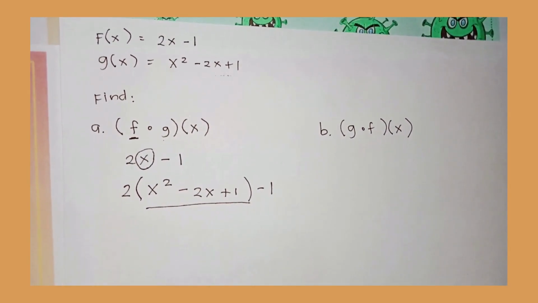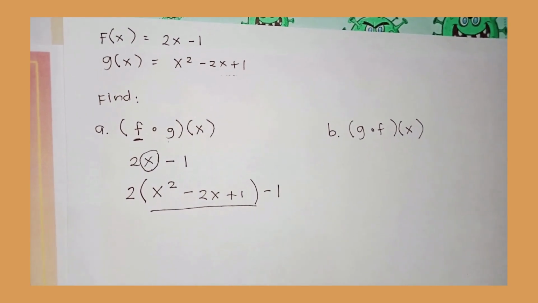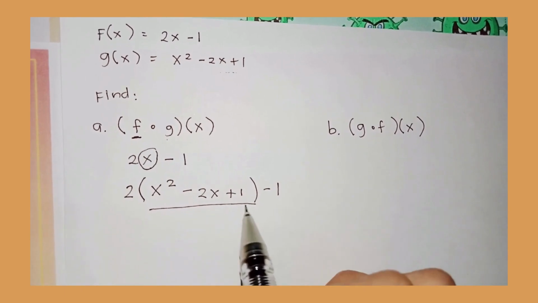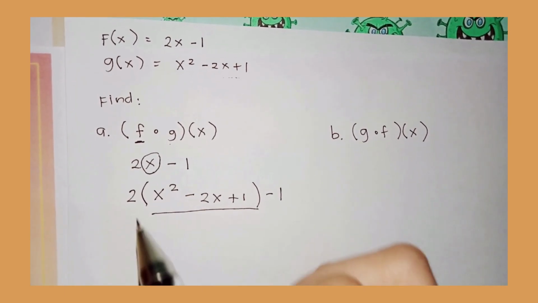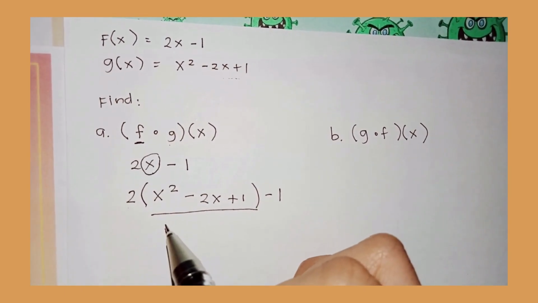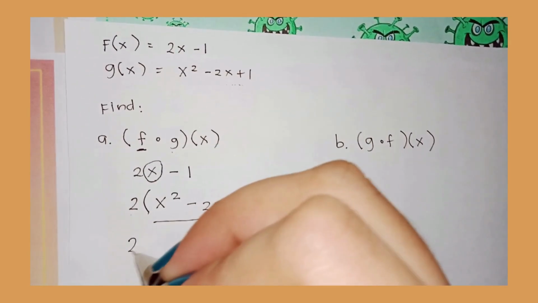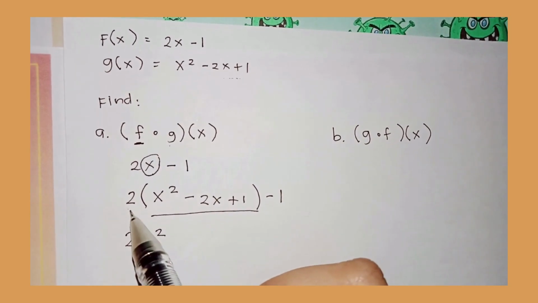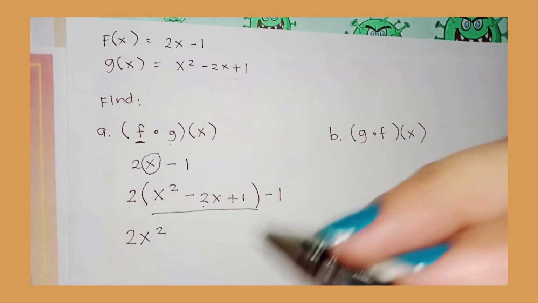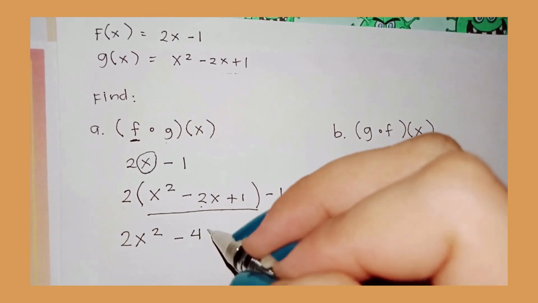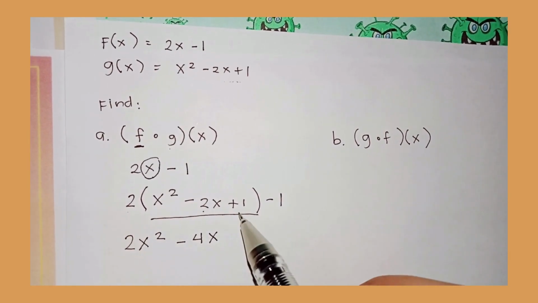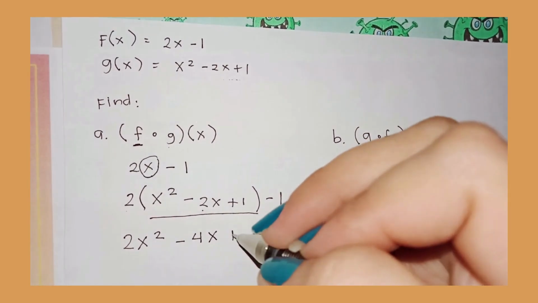Next na gagawin is to distribute 2. I-distribute natin yung 2 sa bawat given dito. 2 multiplied to x squared, that is 2x squared. Next, 2 multiplied to negative 2x, that is negative 4x. Next, 2 multiplied to positive 1, that is positive 2.